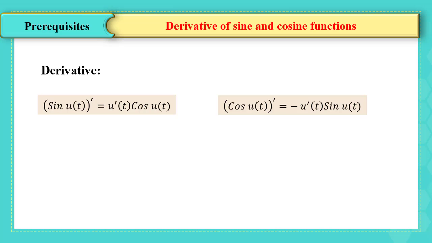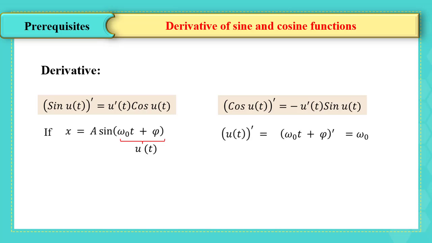For example, if I have x equals a sine omega 0 t plus phi, then omega 0 t plus phi represents a u function of t. And the derivative of u of t is just omega 0. So x prime is omega 0 times a cosine omega 0 t plus phi.